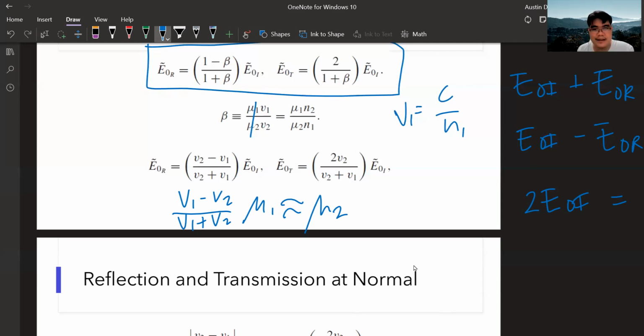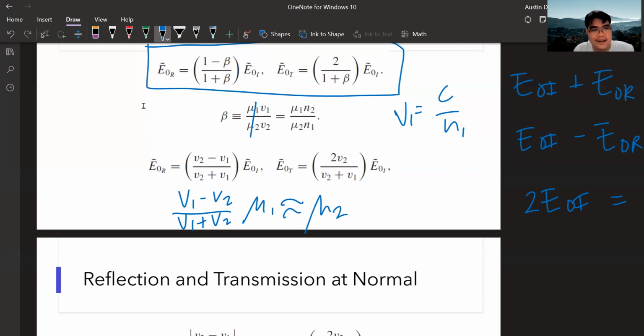Then, syempre magka-cancel lang yung mga extra terms. This would actually be equal to the reflected over the incident, divide mo tapos square. Ito lang natira, di ba? Okay, yun natira. Therefore, dali lang nun.